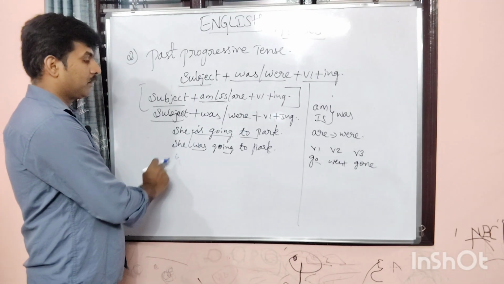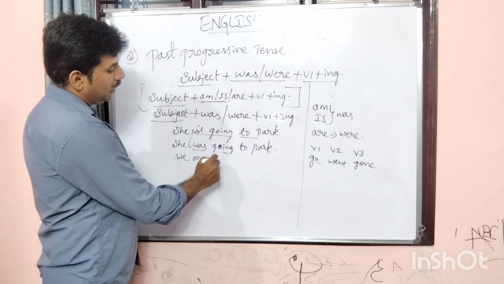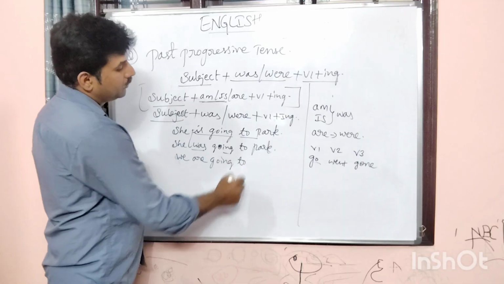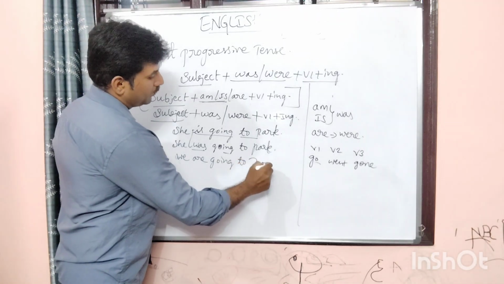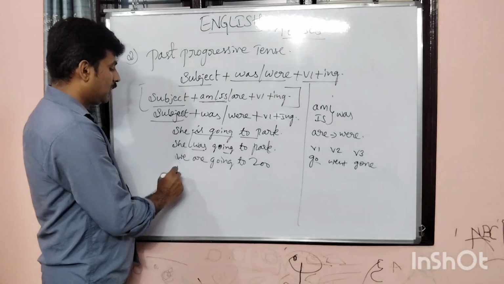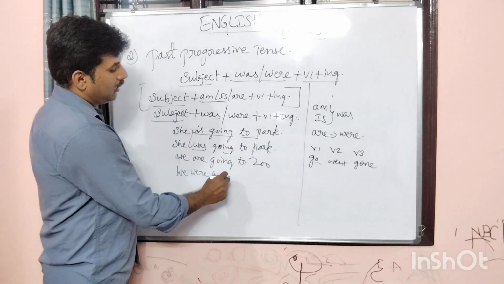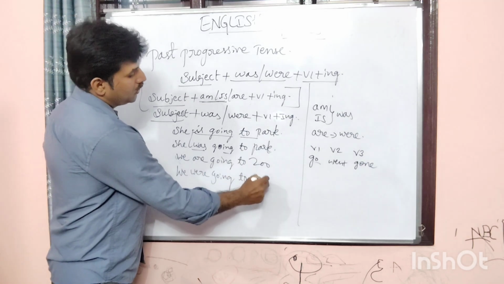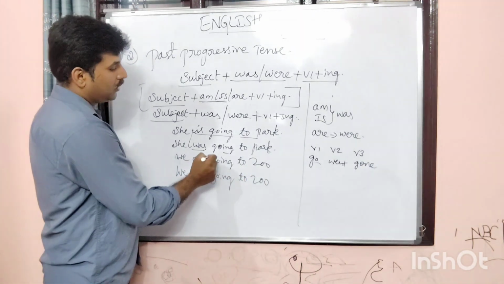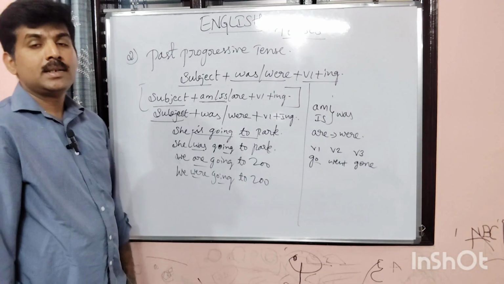She for singular, for plural, we are going to zoo. Okay. The same thing happened. We were going to zoo. What are the changes? Are changed into were. The action word stays the same. There is no change.